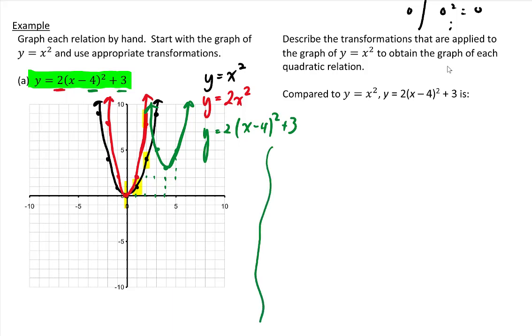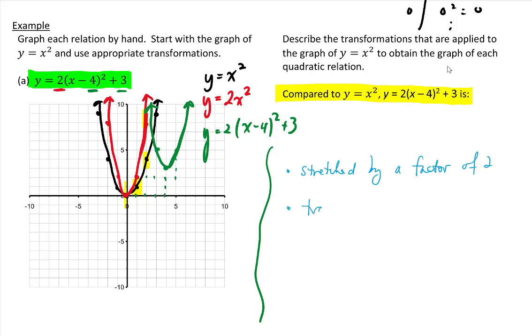So now let's do part 2. I'm saying compared to y equals x squared, y equals 2(x minus 4) squared plus 3 is what? And we just write it out in words. We start with order. So we start with the a value: stretched by a factor of 2. That's the first thing.